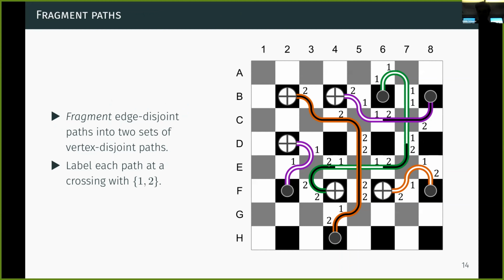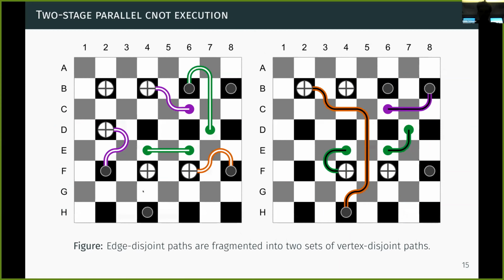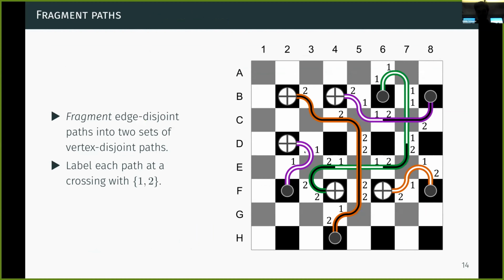We do that by labeling each crossing with 1 or 2, which gives us these 2 fragmented vertex disjoint path sets. So we can see that the paths on the left and on the right are both vertex disjoint, and if we connect these paths together, then we will get back our original set of paths that we wanted to implement.